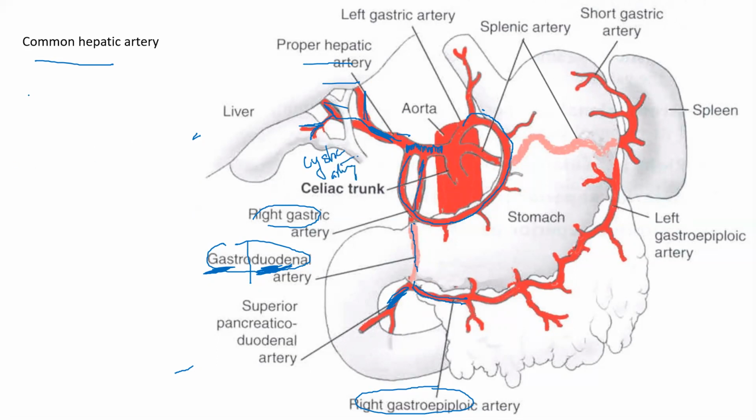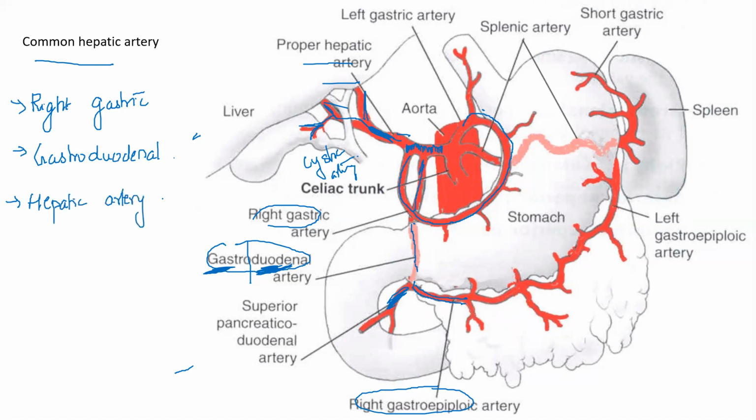So the common hepatic artery, what did I tell you? It gives two branches: the right gastric artery and the gastroduodenal artery. After giving these two branches, it continues as the hepatic artery proper. What is happening to the right gastric artery?